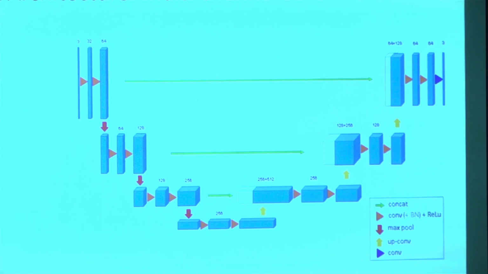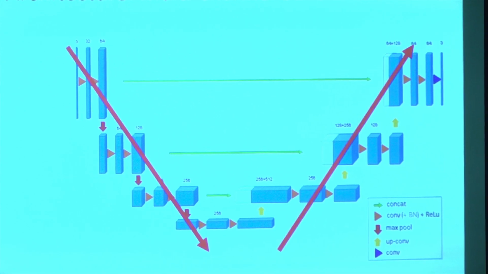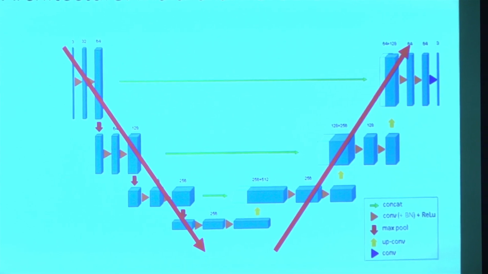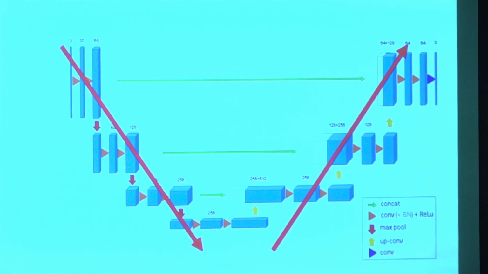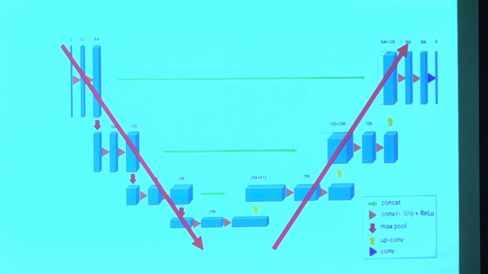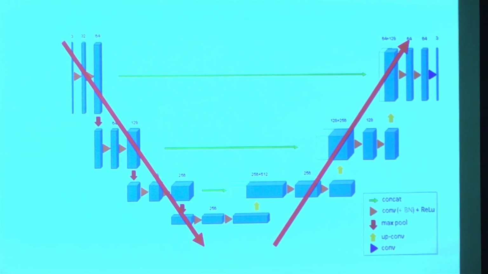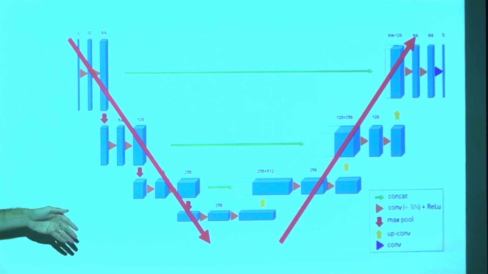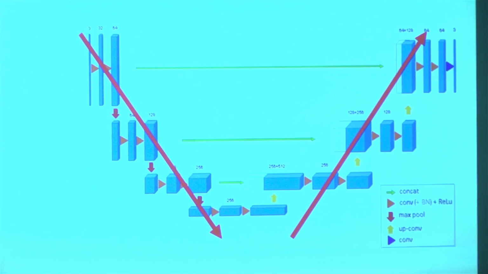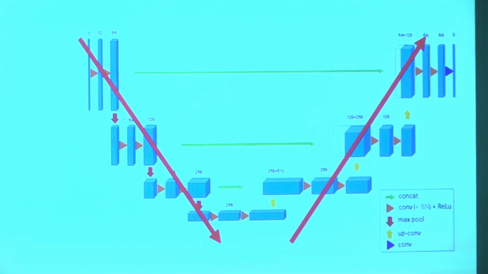And the basic feature of this architecture is what's called encoder-decoder. So we have this stream here, and what it's doing is slowly taking this image and turning it into a higher level representation. So each step here, we have a step called max pooling, which means we have our filter responses. We have some feature map. So here we'll have one filter that's showing how this image responds to horizontal edges.